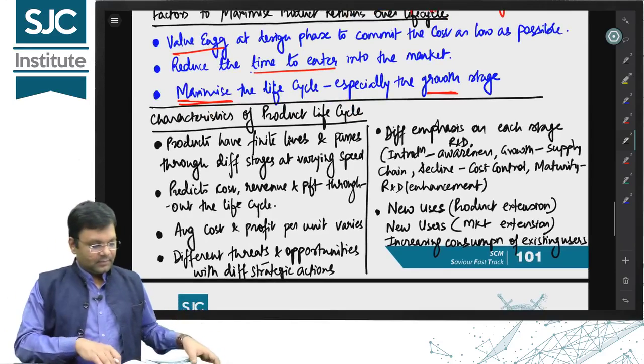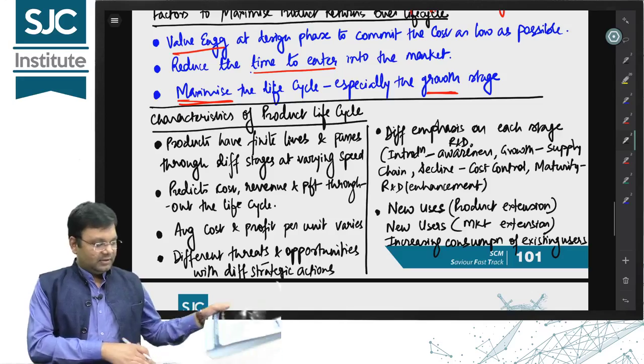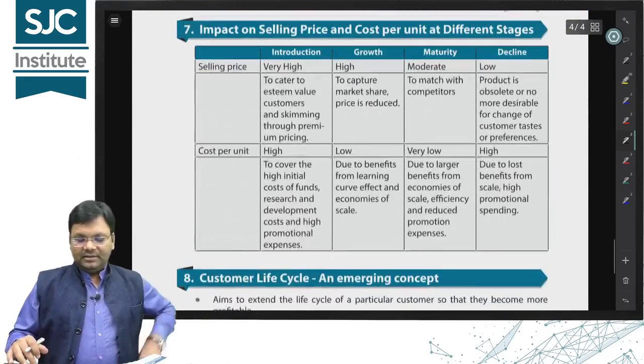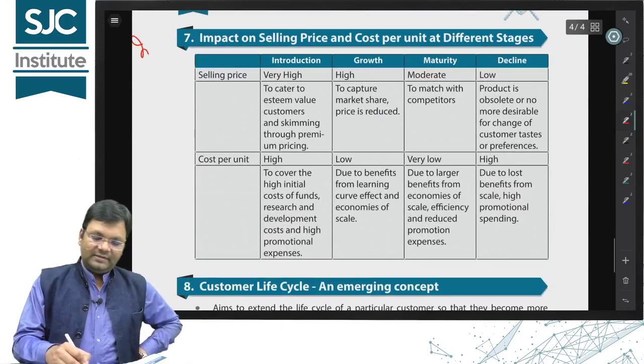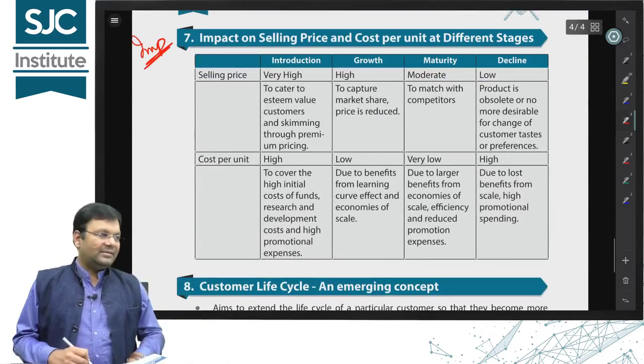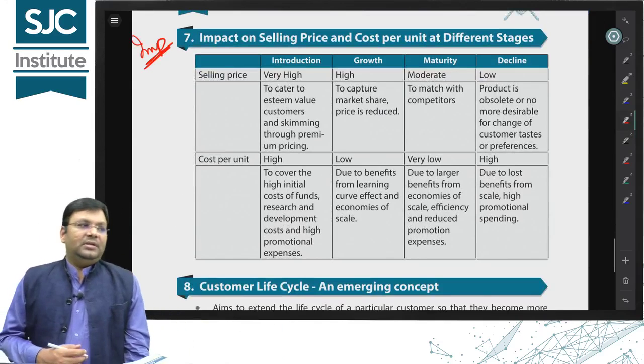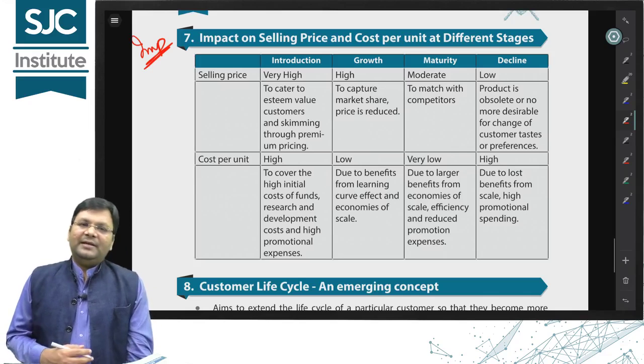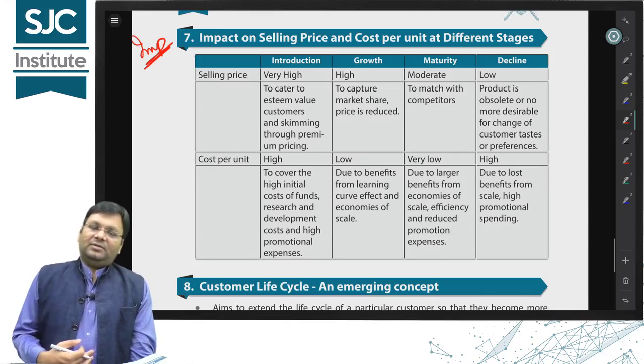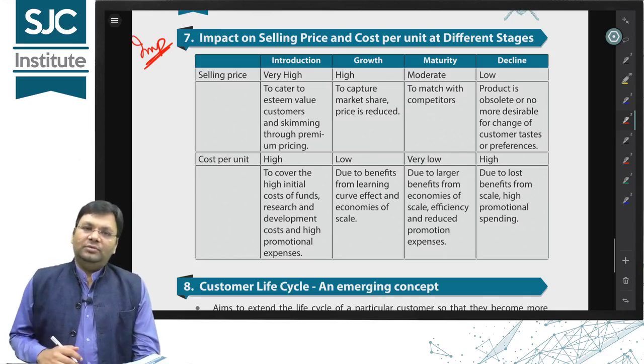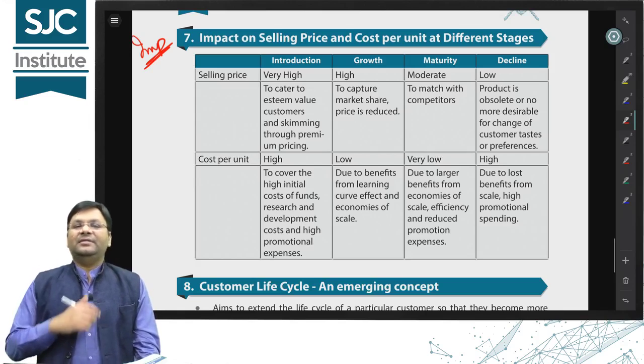So next is our next concept. This is very important, a very favorite of the exam. What they ask here is selling price and cost per unit related questions: why and how they change during different phases of the life cycle.